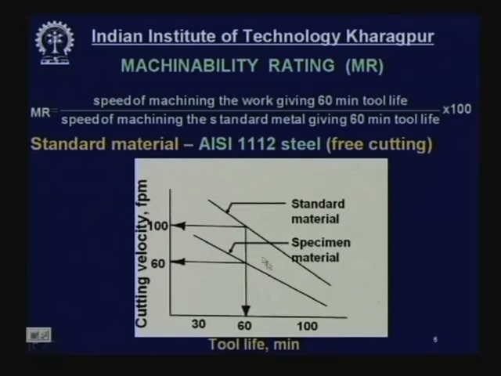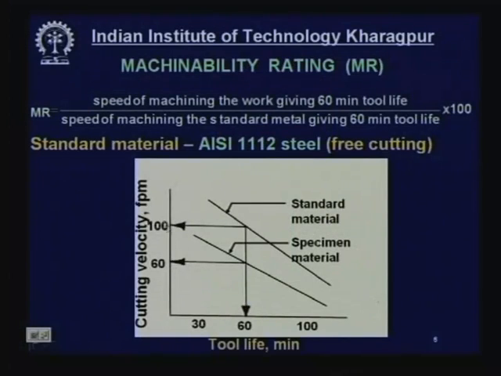So, in this respect, the machinability rating of this specimen material will be 60, the speed at which the tool life is 60 minutes, divided by 100, the speed at which the standard material provides 60-minute tool life. So, it is stated as the speed of machining this specimen work giving 60-minute tool life divided by the speed of machining the standard material or metal giving 60-minute tool life.